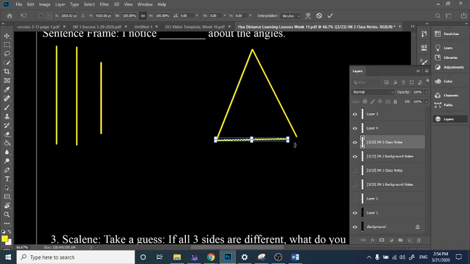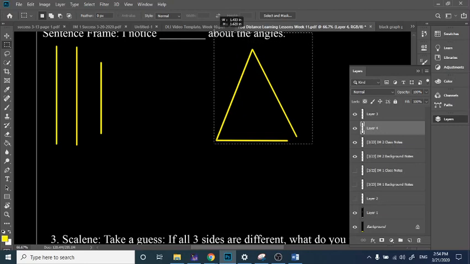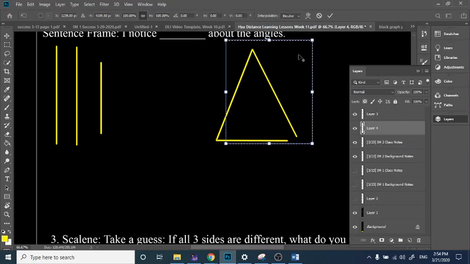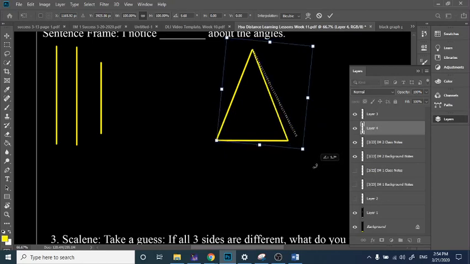It's supposed to be a little bit more downish. So let's try that. Okay, so that fits perfectly.